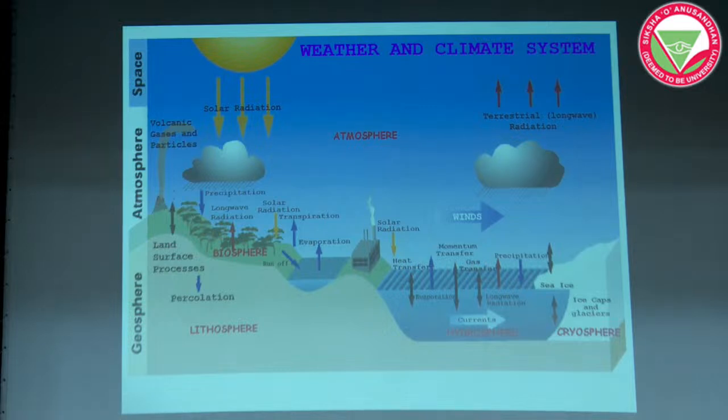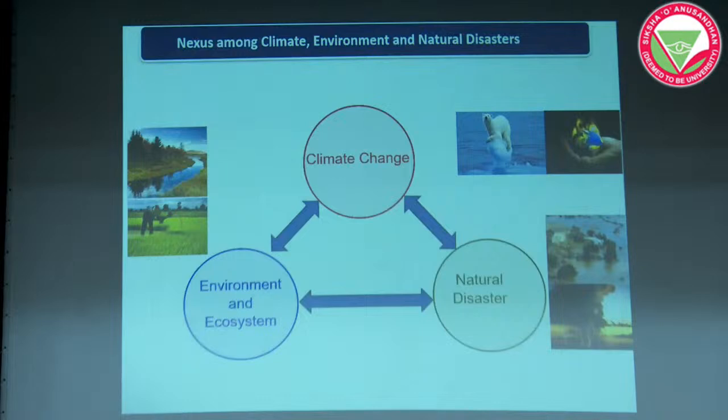Our Earth's atmosphere is influenced by all these spheres, and they interact in both ways. I will not go into that, but that is how the processes are linked. Therefore, we have a strong linkage between climate change, environmental ecosystems, and natural disasters. My talk focuses on natural disasters and how they are influenced by this 1.1 degree of climate change.